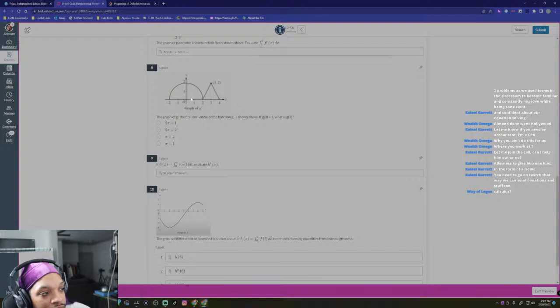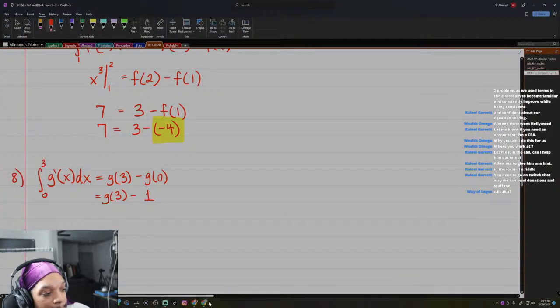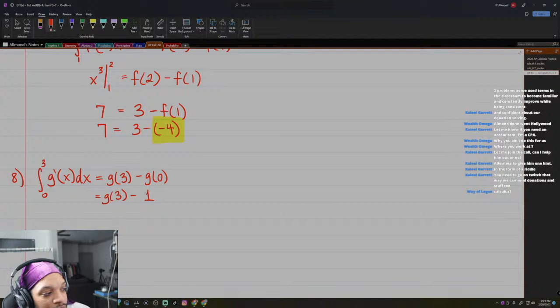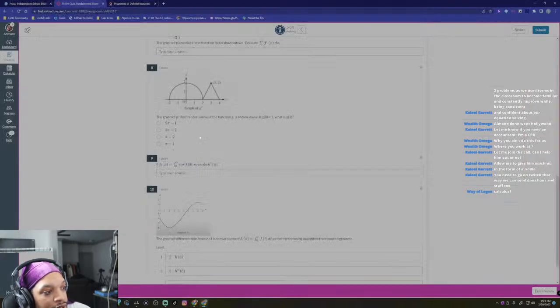No, that gives us the integral from 0 to 3. That gives us the left side of this equation right here. So the integral from 0 to 3 of g prime is a quarter of a circle that has a radius of 2. So that's just pi times 2 squared over 4, which is pi, plus half of that triangle, because it's only from 2 to 3.